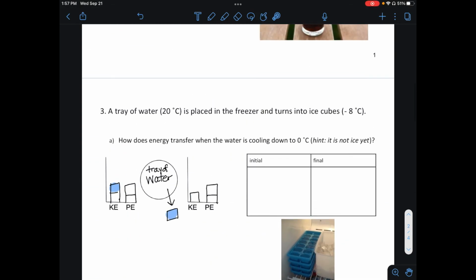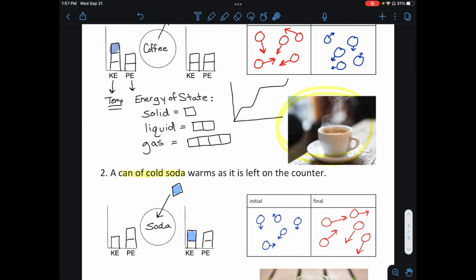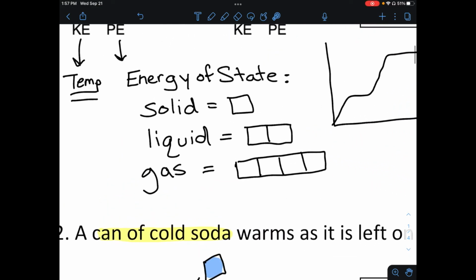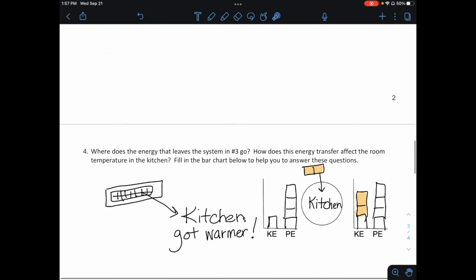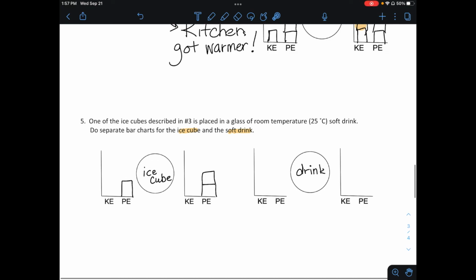And that always stays the same. That is a rule that we are going to live by. Solids equal 1, liquids equal 2, and gas equals 4. So I'm imagining the ice cube is going to melt. As far as the drink, it's a liquid. It's going to stay a liquid.